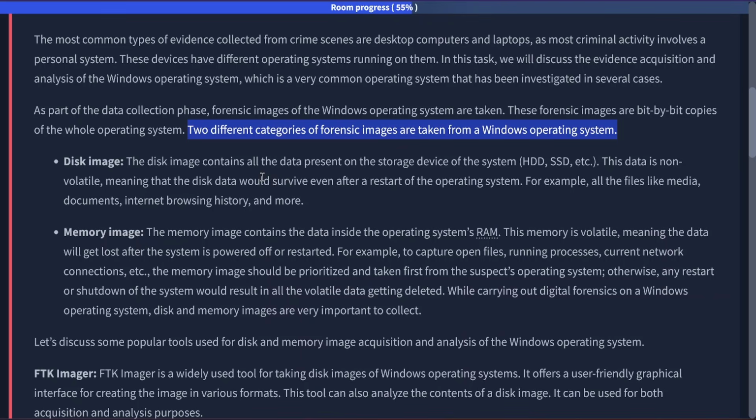And all that this is, when they say disk image, is the hard drive. And here they describe it as non-volatile. What that means is that the disk data would survive even after the computer is restarted, right?